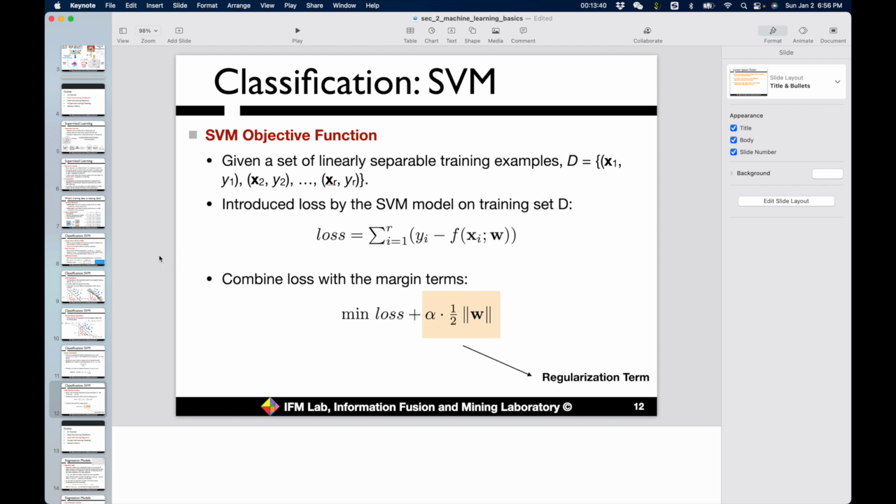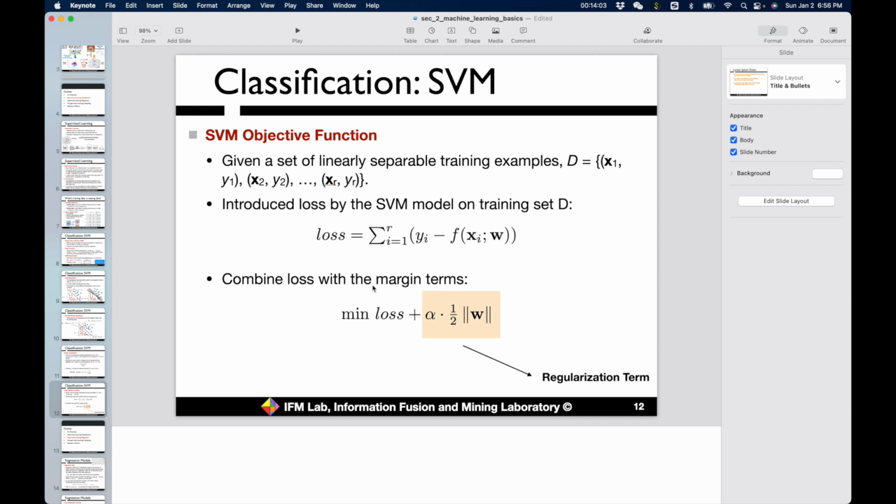So we also have to define a loss function for the support vector machine model. We can compare the prediction results by the model versus the ground truth, their true labels, and we want to minimize the difference between them.